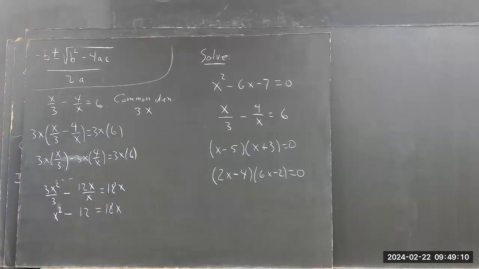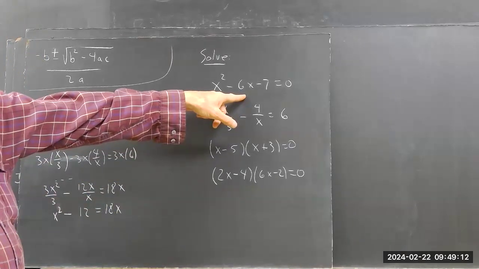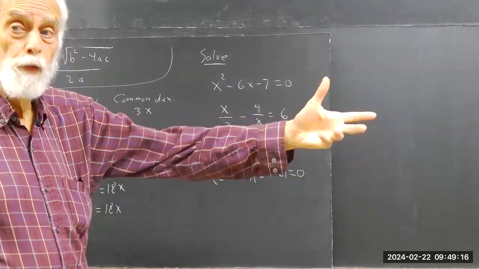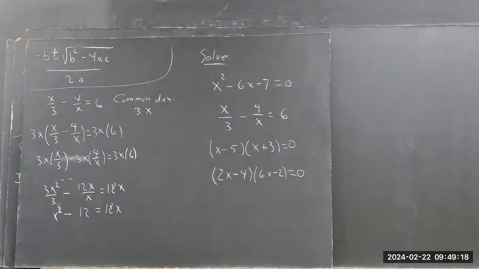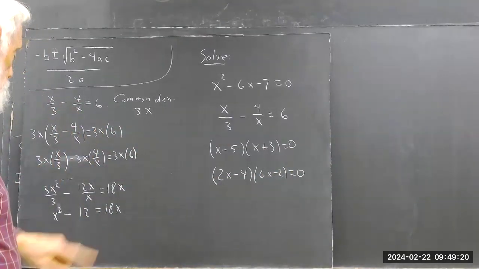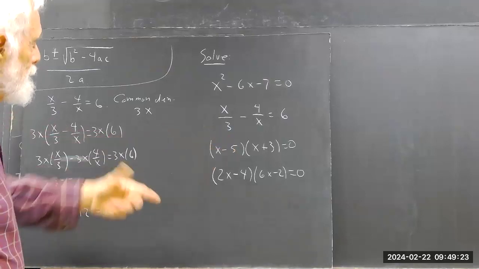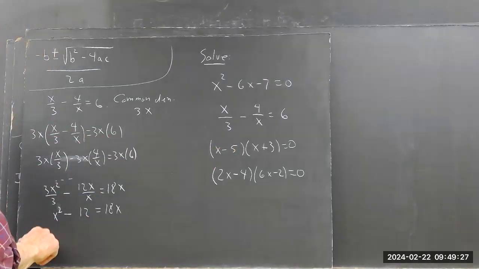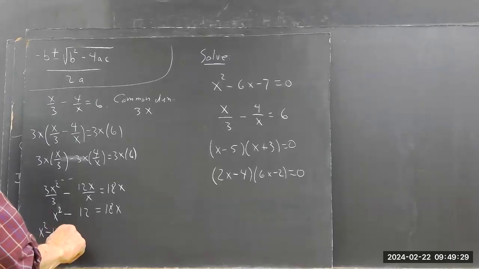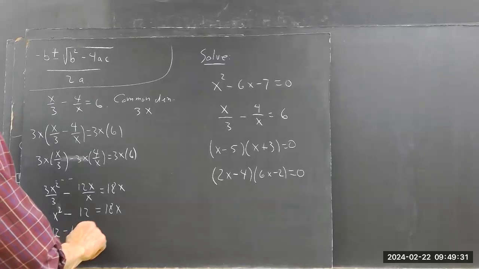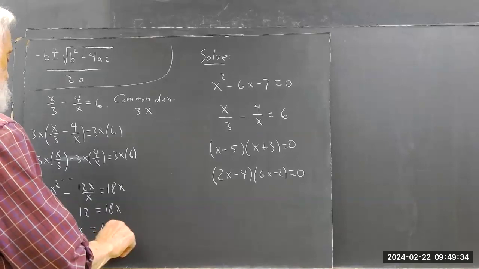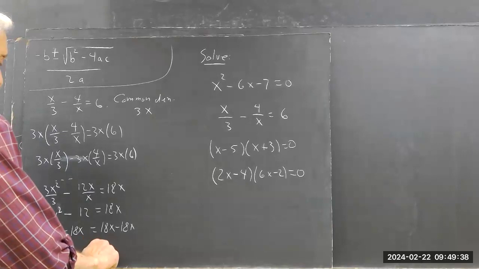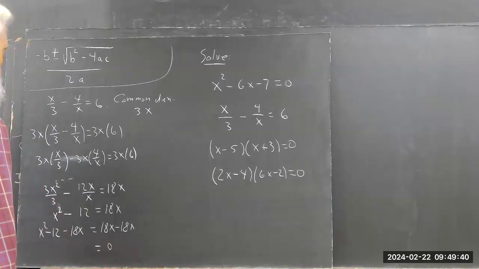Now at this point, it doesn't look like this. It's not in the ax squared plus bx plus c equals 0 form. But we can put it into that form just by getting 0 on the right-hand side. So we do x squared minus 12 minus 18x equals 18x minus 18x, so that this side ends up 0.